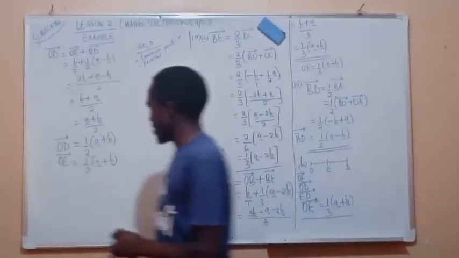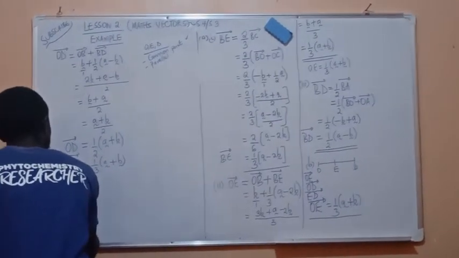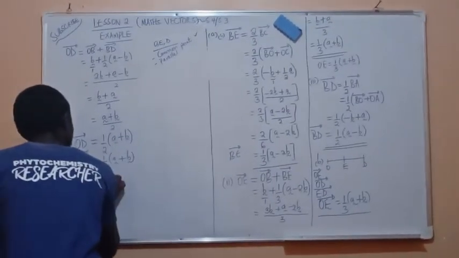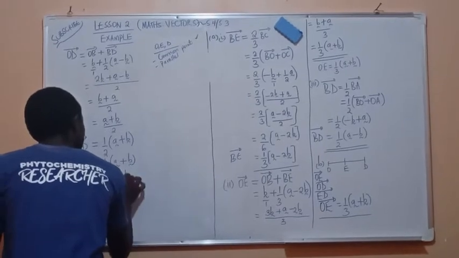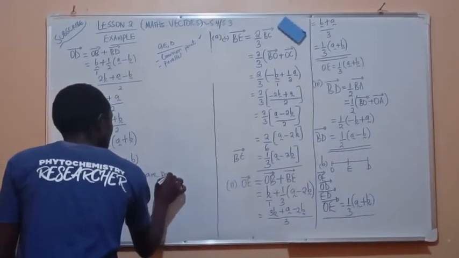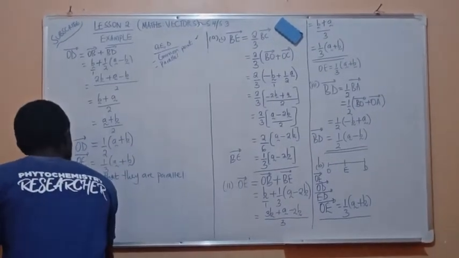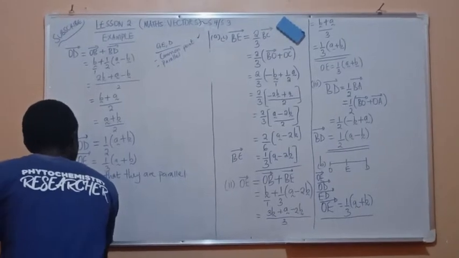How do we show that? Showing that they are parallel. How do we show that they are parallel? Get OD divided by OE.